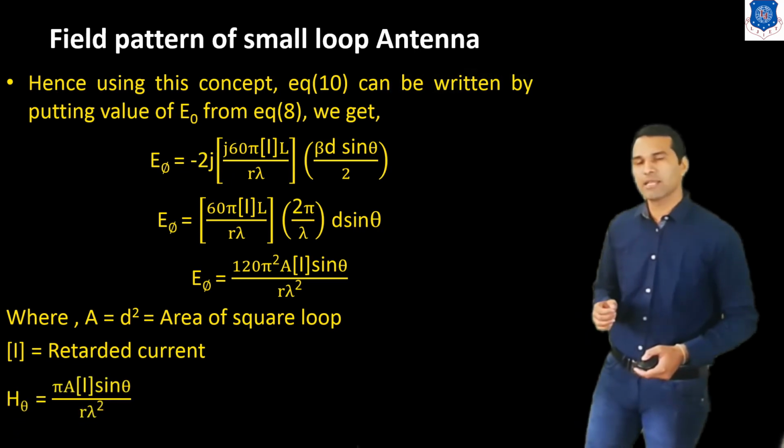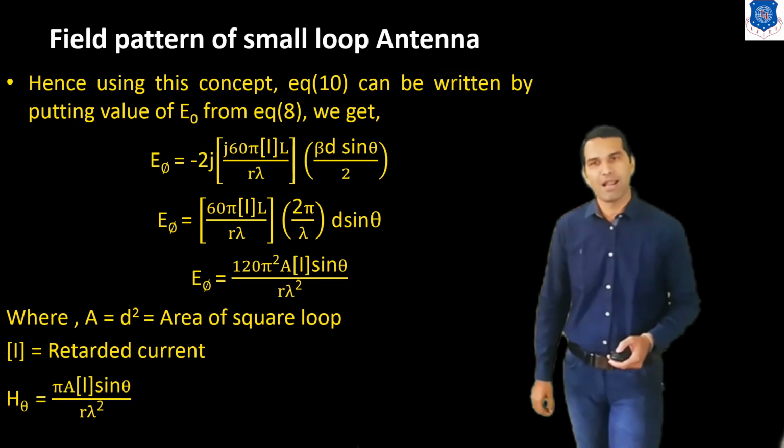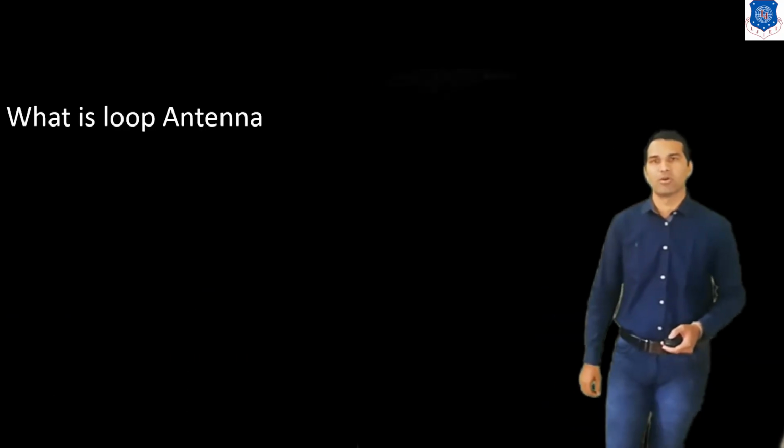H theta we know is pi A I sin theta upon R lambda squared. So this is the E component and the H component.